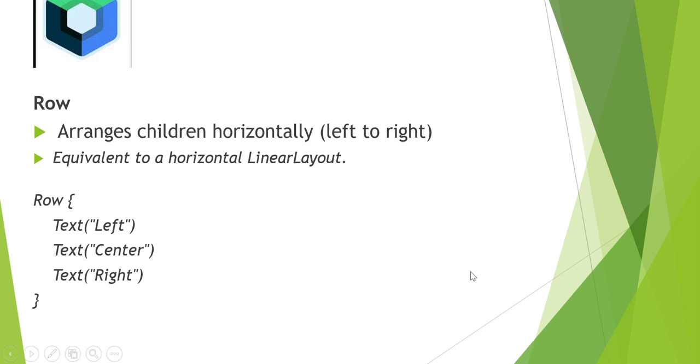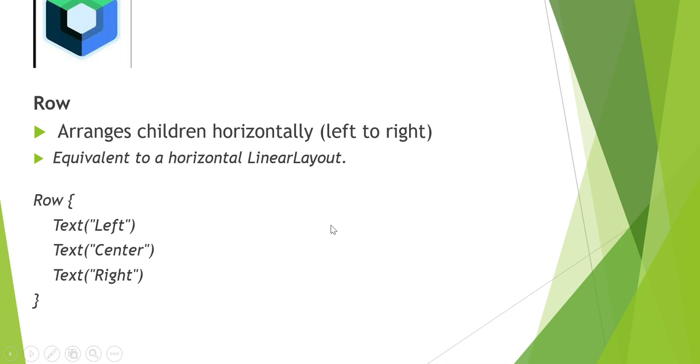Here I added 3 children. One is text left, then text center, and text right. And all this text will be arranged horizontally like left, center, and right.